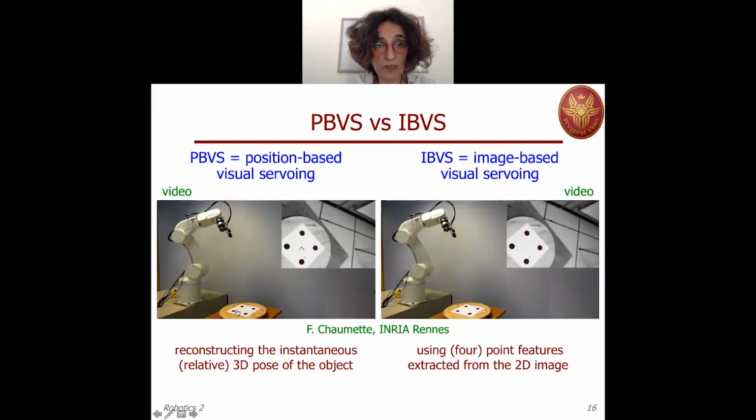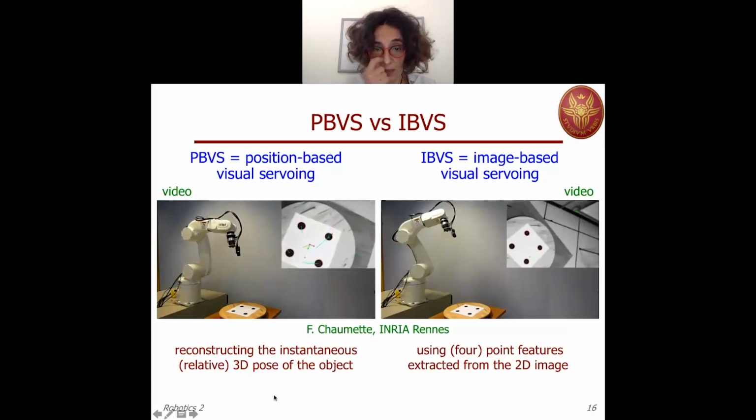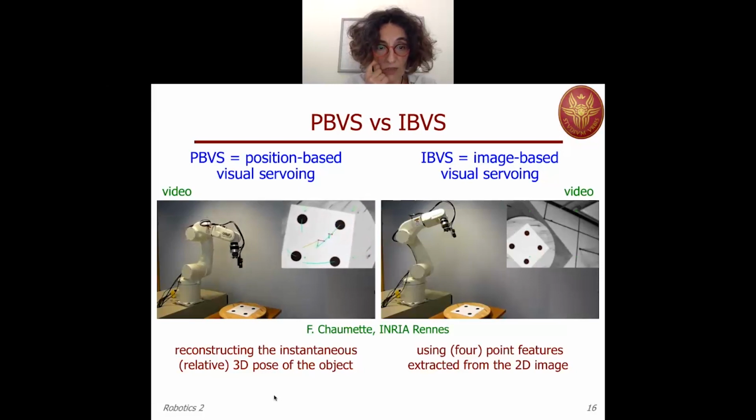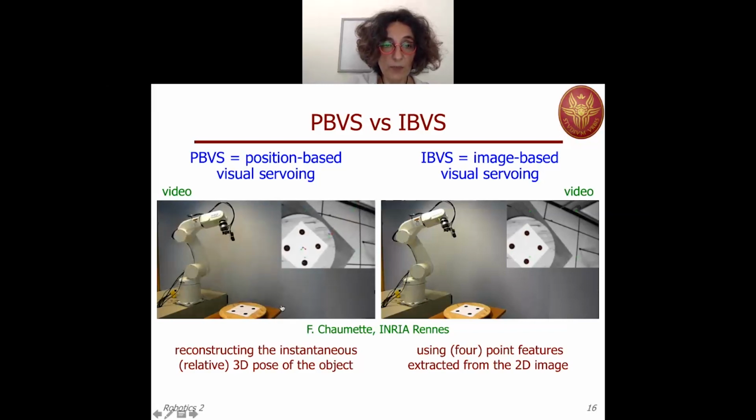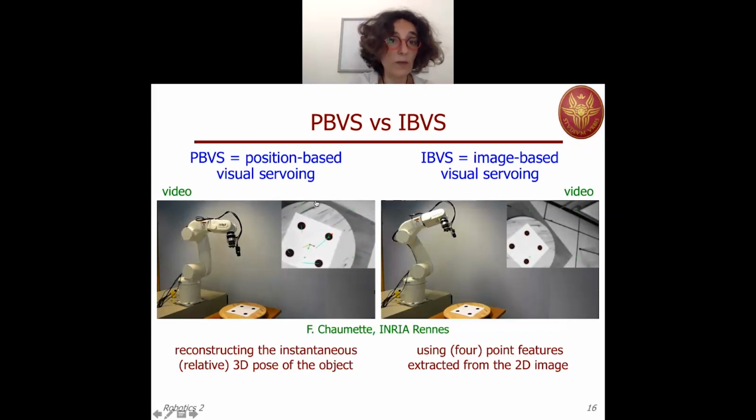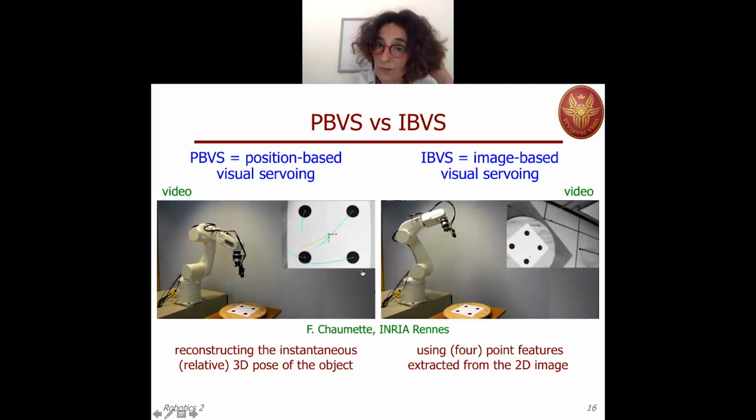Here we see a comparison between position-based visual servoing and image-based visual servoing. In the first part, the PBVS reconstructs the instantaneous relative 3D pose of the object. Here is what we see: this is what the camera sees. This is the image plane, and we see the motion of the features. The features are the centers of these four black discs.